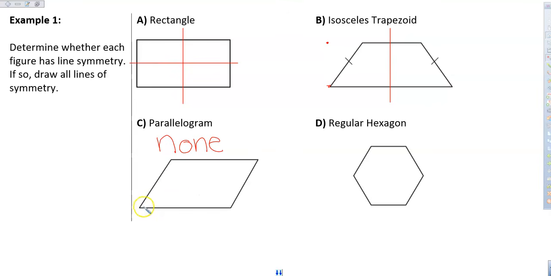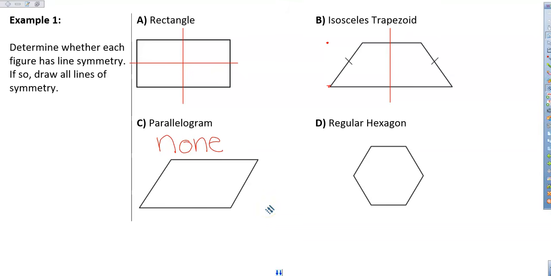Now don't draw this on your paper because it doesn't work. If I try to draw this, this point here is going to reflect over here. It is not going to reflect onto this point. Same thing if I tried to fold it the other way. If I tried to fold it on this diagonal, this point is going to reflect over here, not over here. So parallelograms do not have any lines of symmetry.